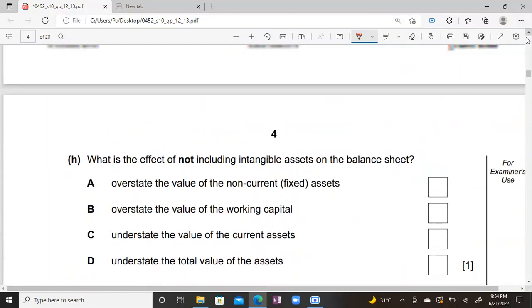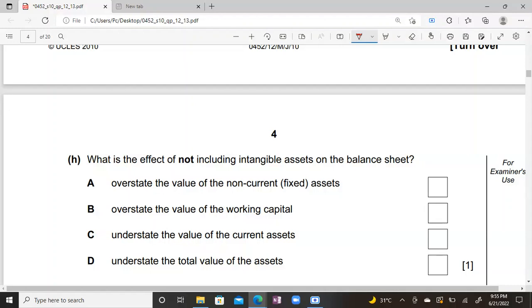Next MCQ. What is the effect of not including intangible assets on the balance sheet? In the non-current assets, we have two types, tangible and intangible. Tangible means which can be seen, which can be touched: land, building, machinery, furniture, vehicles.